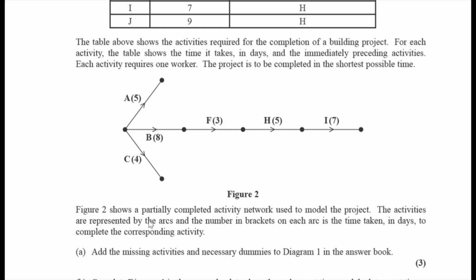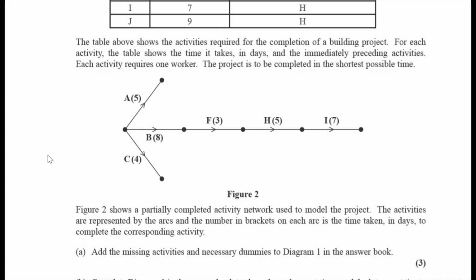Figure 2 shows a partially completed activity network used to model the project. The activities are represented by the arcs, and the number in brackets on each arc is the time taken in days to complete the corresponding activity. And we have to add in the missing activities and necessary dummies to diagram 1 in the answer book.